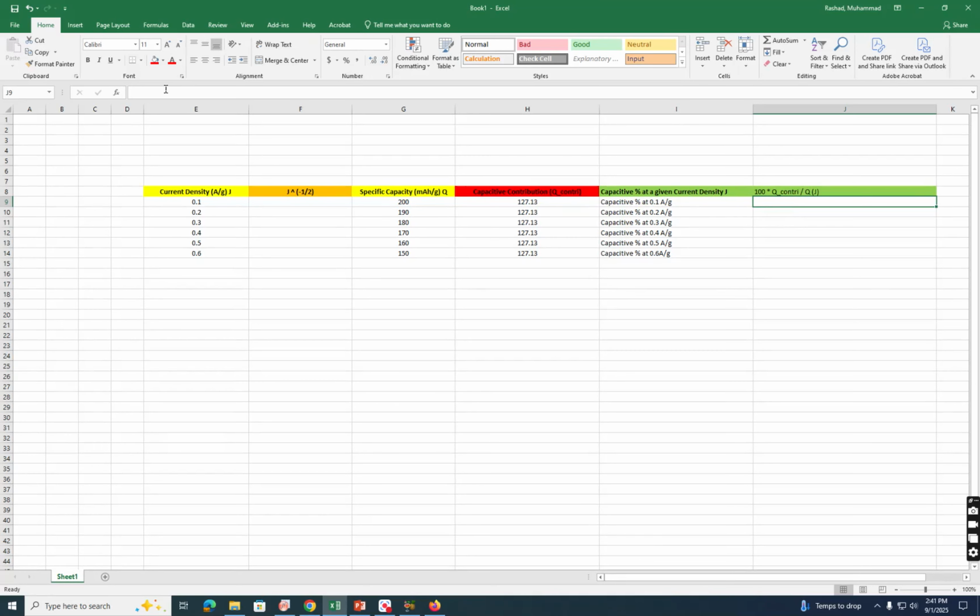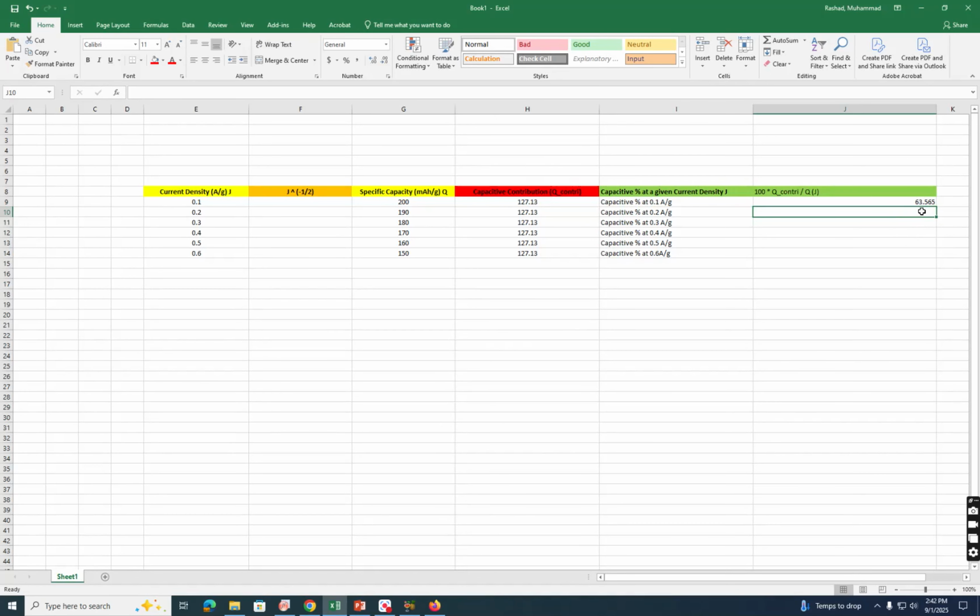And you can simply type equals 100 multiplied by the Q contribution, 127.13, divided by the specific capacity at this current density, which is 200. Then close the brackets and enter. Yeah, so this is the capacitive contribution.